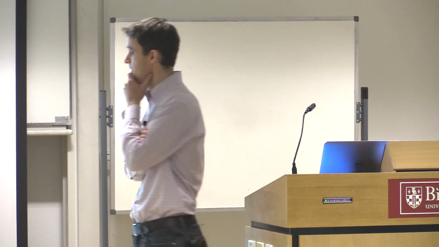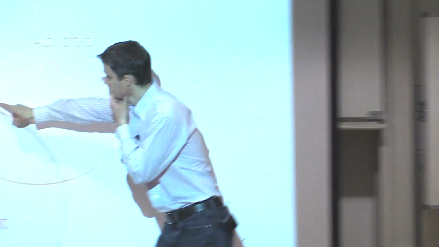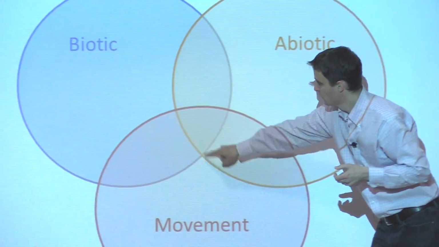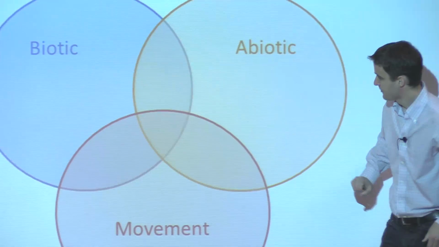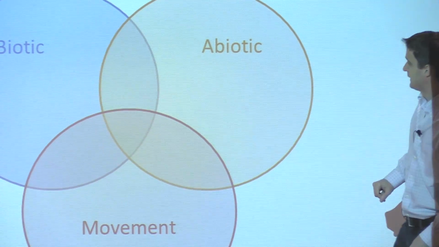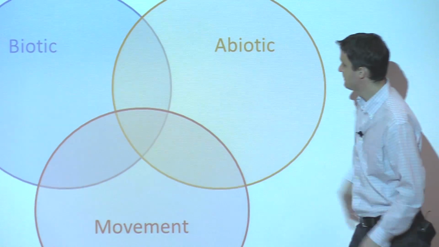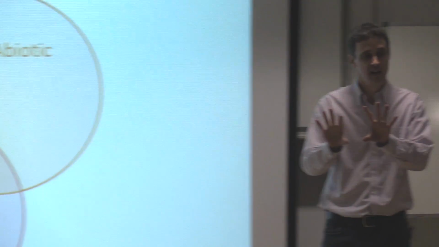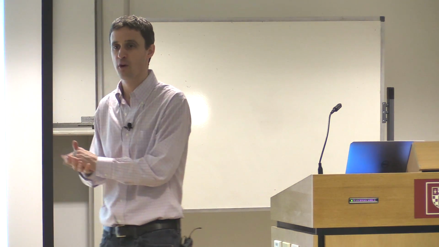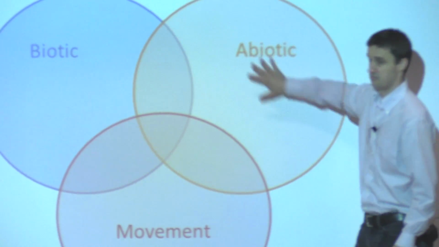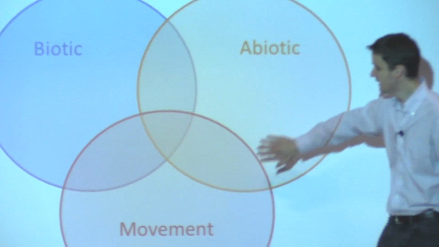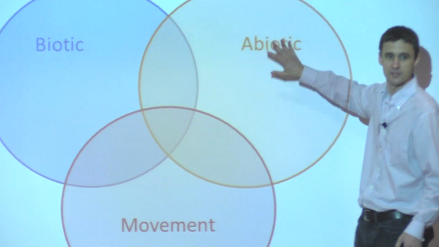So there might be parts of the abiotic space where the conditions are suitable, but the species hasn't actually had the opportunity to get there. That would be this whole region around here. Temperature and precipitation are okay, but the species hasn't actually been able to occupy it.